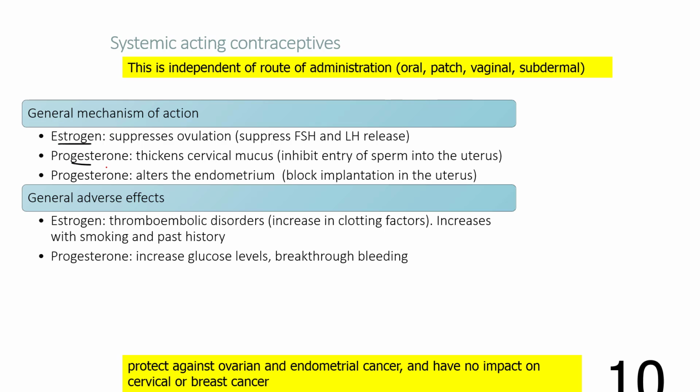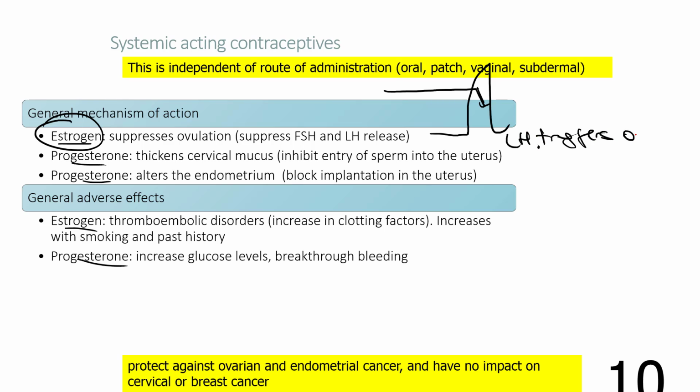And so you can see here I actually separated out what estrogen does and what progesterone does. All right, so estrogen, because estrogen is given at the same level, right? What happens is because it doesn't drop down, it will not promote an LH surge. And remember, it's the LH surge that triggers ovulation, right?